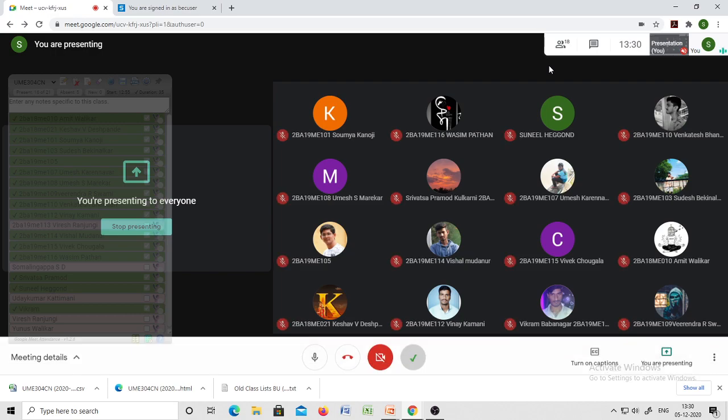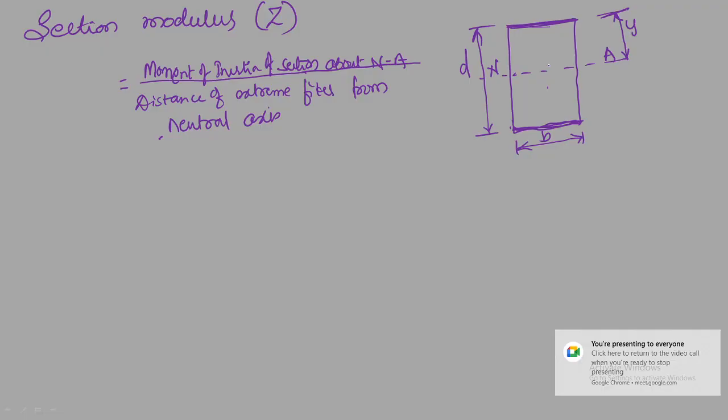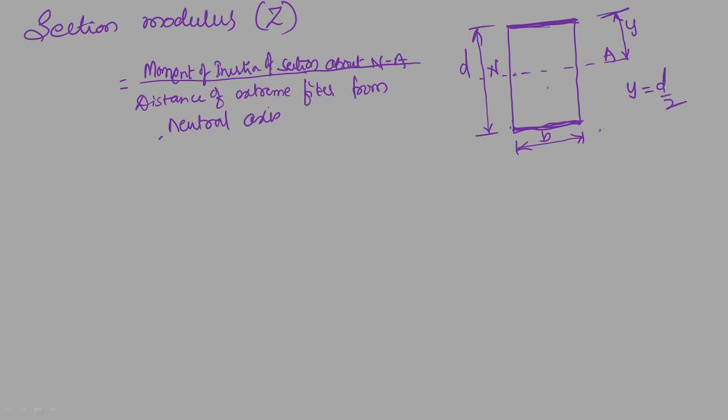Someone answer, don't keep mum. Yes. So this is the maximum distance, that is y. According to this rectangular section, y equal to what? D by 2. Are you agree? Yes, sir.